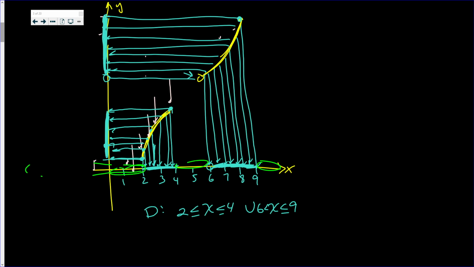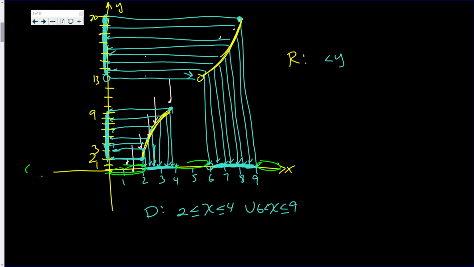Everything in between. Now, if I had numbered the y-axis, maybe 1, 2, 3, 4, 5, all the way up to 20, I would say that the range is between 2 and 9.